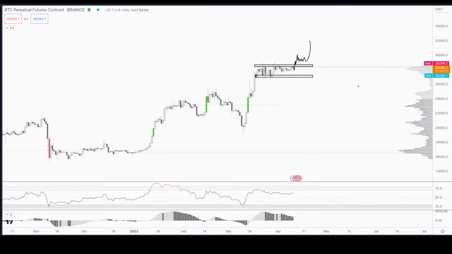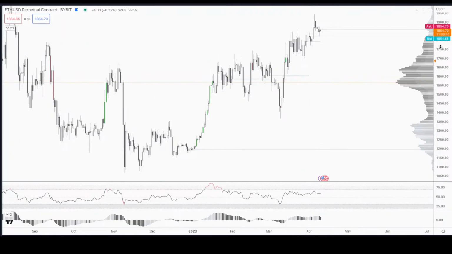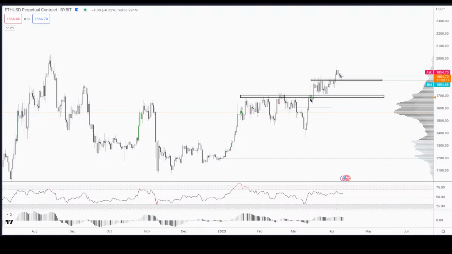Any questions so far? I'm gonna check ETH. ETH is still trying to hold on to this. Not my favorite, but it has to hold on to that level. Like it did here. Right. Broke out, came back down.